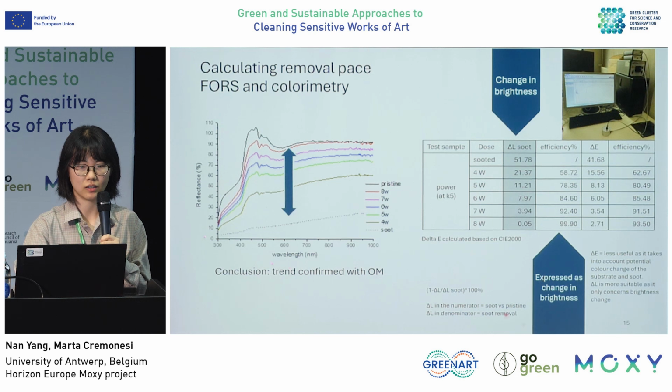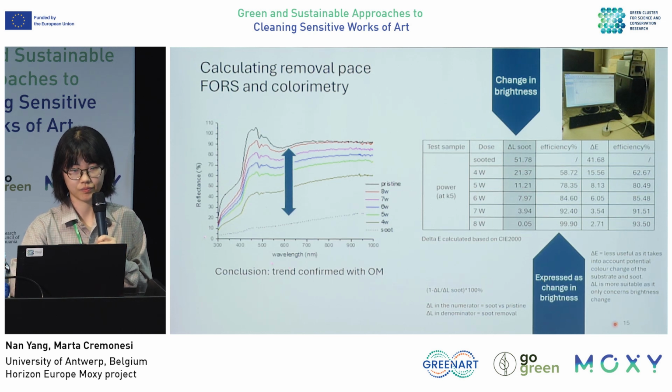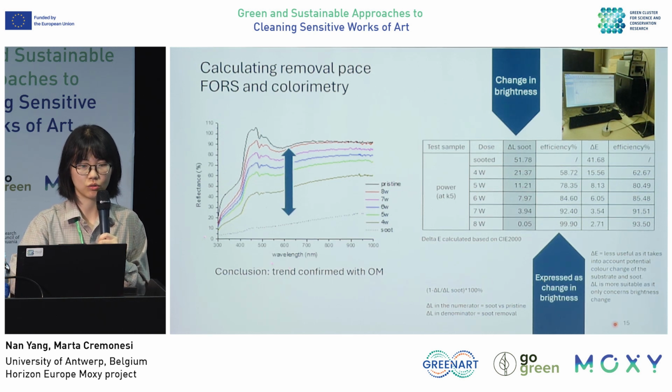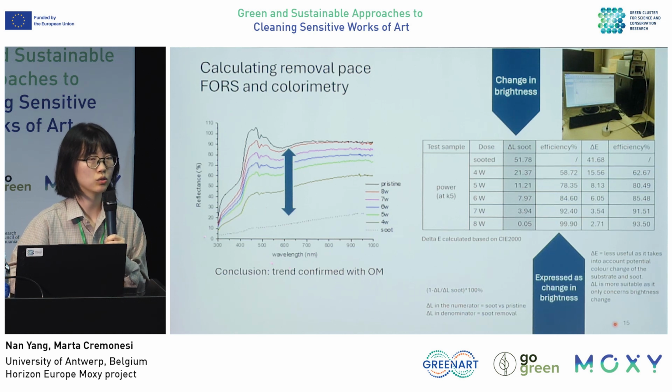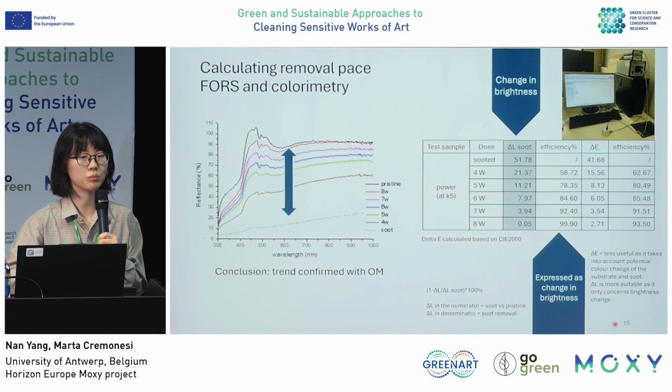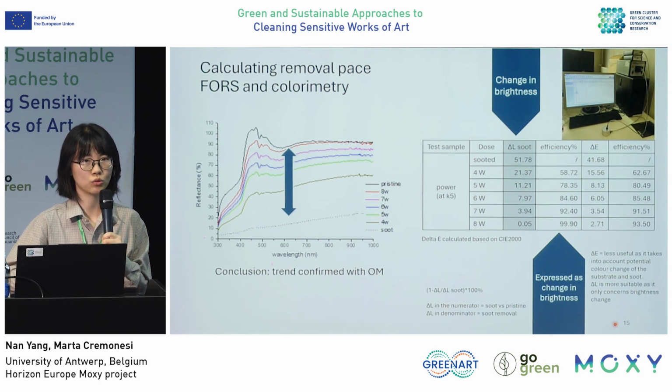here, as the delta E also takes into account the potential color change of the substrate. So we don't want to see that for the substrate, but just to see how much soot was removed.